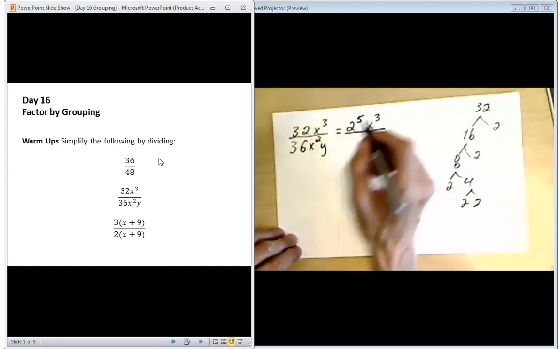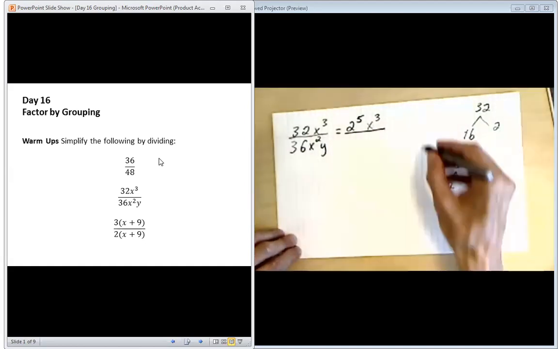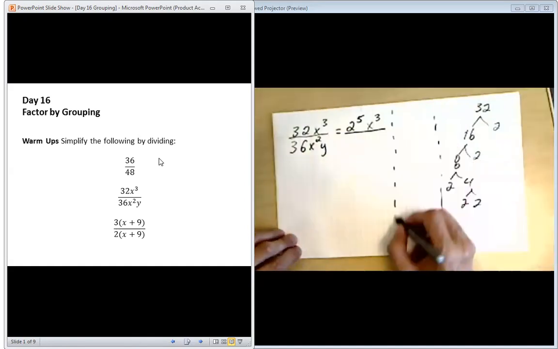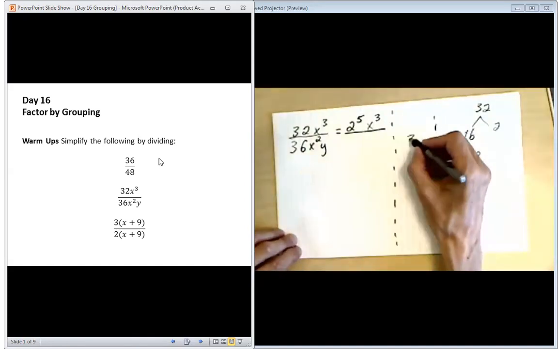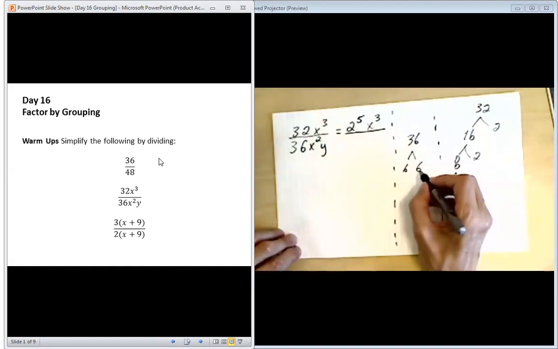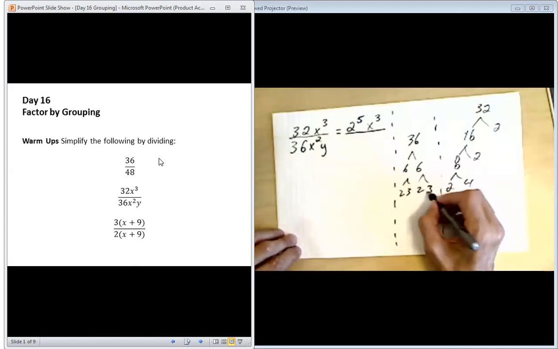Nice. Now we got on the bottom 36. Wow, I could see the smoke coming from your brain. That was so fast. 36, what happens to it? Oh, yeah, I've seen it before, right? 2, 3. 2, 3.